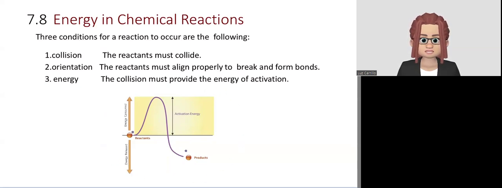We can observe that this energy of activation is basically the energy that the reactants must achieve in order to form the transition state, which is the top of the peak, in order for them to produce the product.